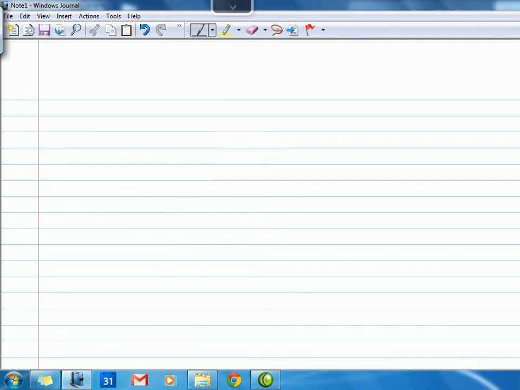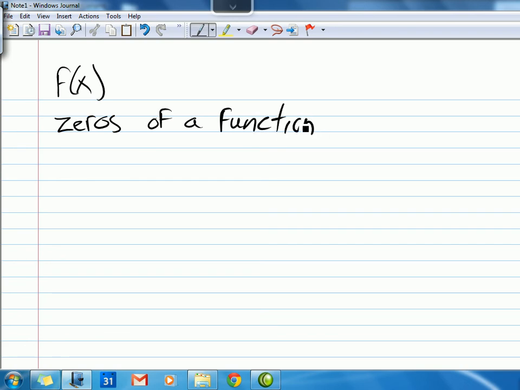Now, the other part that I want to touch on before we go is what we call zeros of a function. So if in fact we can deal with functions, the good old f of x, the idea would be find what we call zeros. If you're trying to find zeros of a function, then you're looking for all values of x, all the x's such that f of x equals 0.